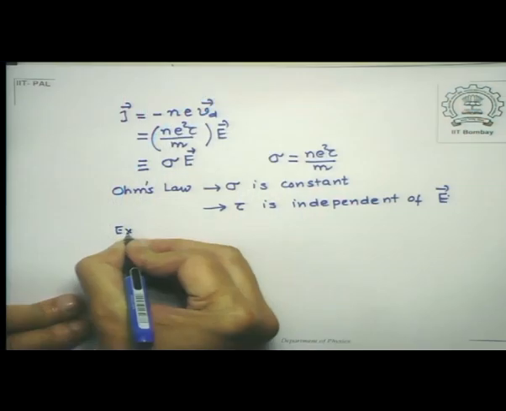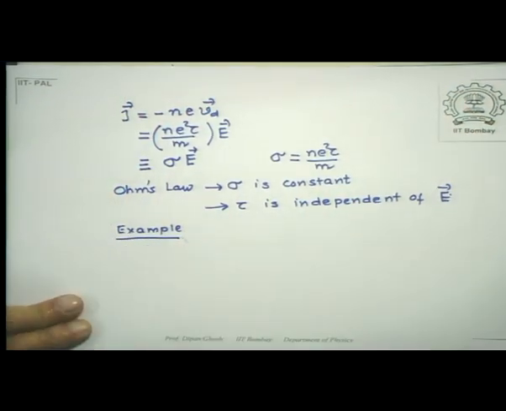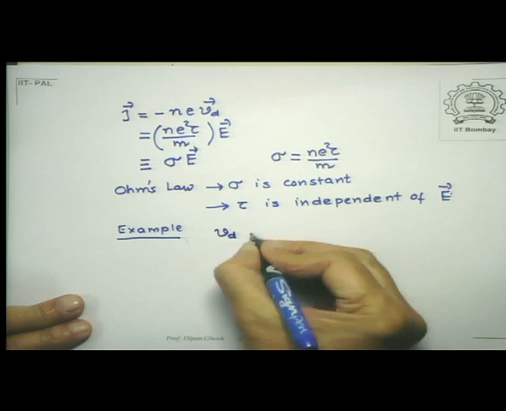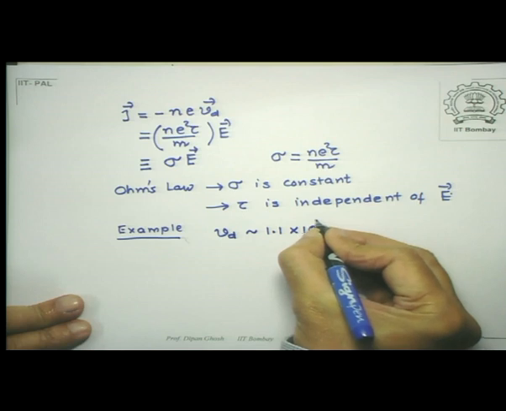Now, I will conclude this with an example. Let me return to the same example where I worked out the drift velocity, which was shown to be equal to 1.1 into 10 to the power minus 3 meter per second.